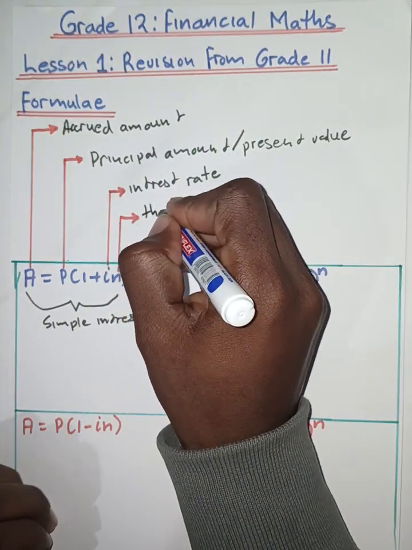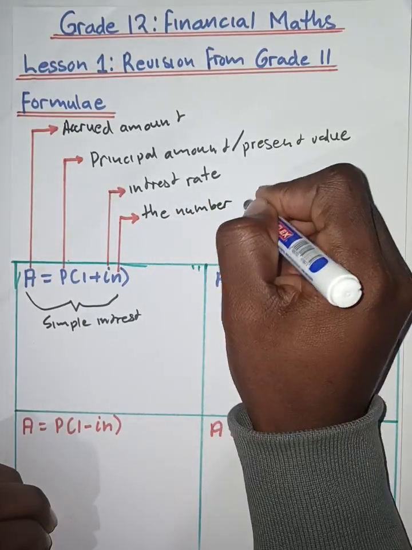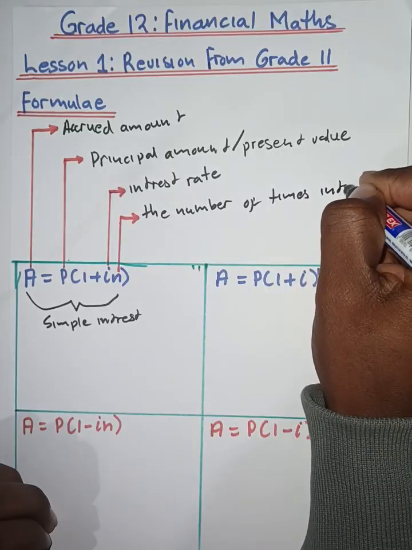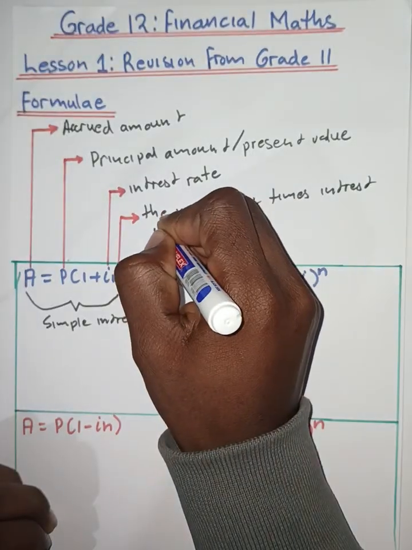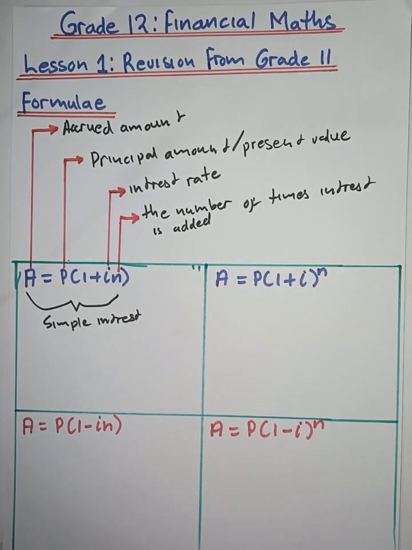So that stands for the number of times interest is added, not the number of years.